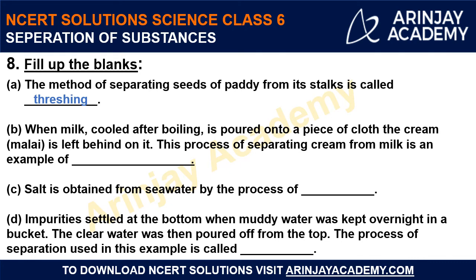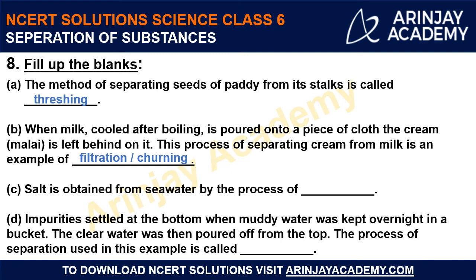That particular layer is what we call the cream or the malai. So we need to separate this particular layer from the milk. So how can we do this? So this particular process of separating cream from milk is an example of filtration or churning. So do remember, by the method filtration or the churning, we can separate the cream from the milk.